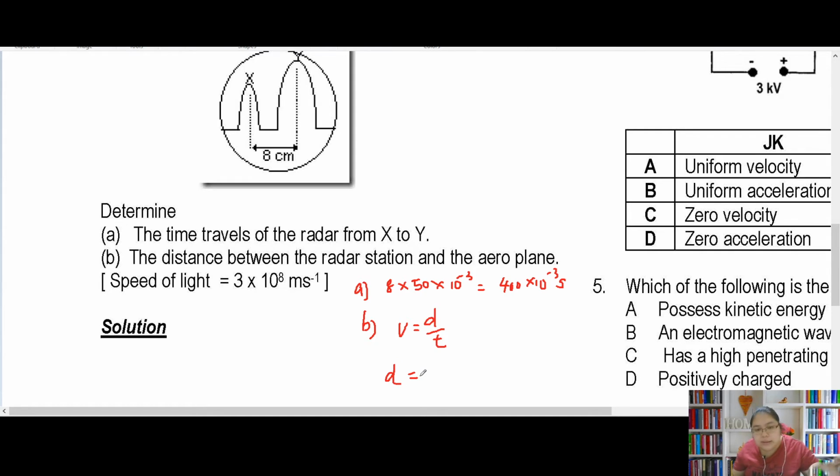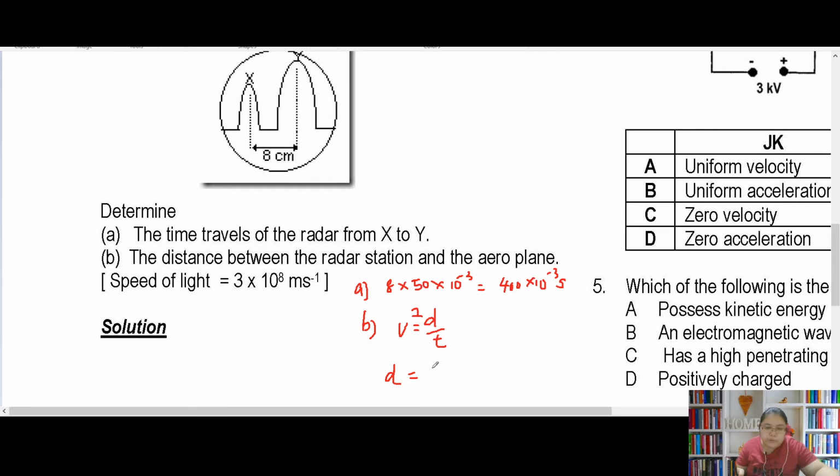Remember, the distance the radar sends should be two-way, because there's a signal sent, after that received back. So the velocity for the speed is two-way, and the time taken also should be two-way. The problem is the distance they want to find is one-way. So your formula should be V equals 2D over T.